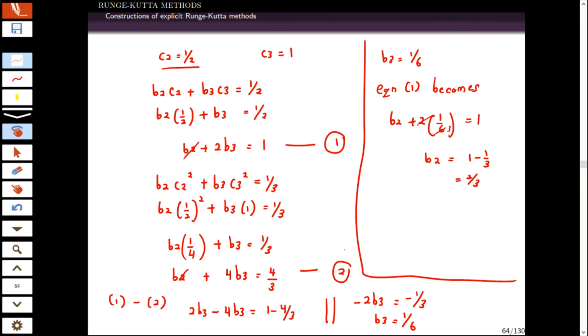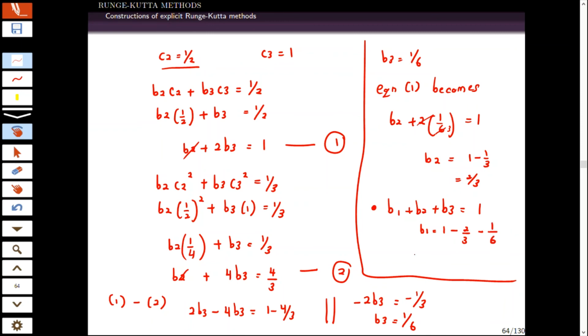Can I find B1? We know for this tree, we have B1 plus B2 plus B3 equals 1. So B1 will be 1 minus B2, 2/3, minus B3, 1/6.